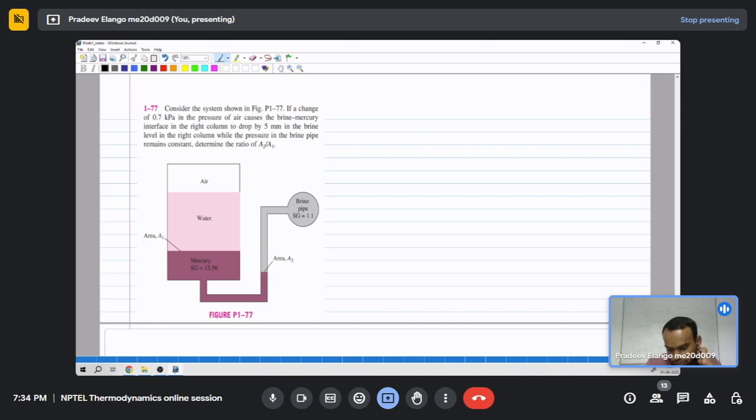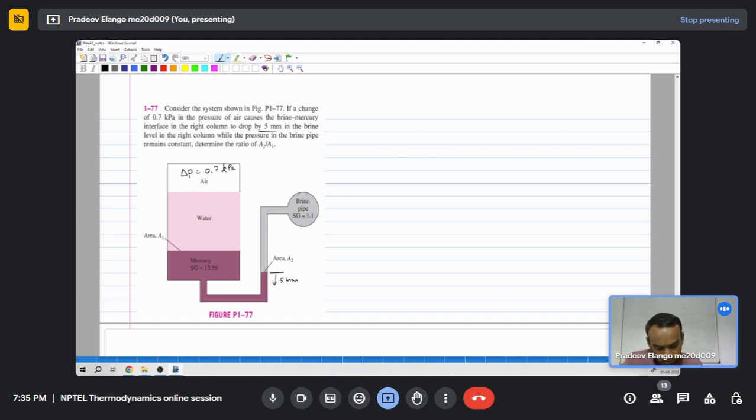So in this problem we have a system shown like this. The manometer two limbs have a different cross-sectional area. So one side it has a cross-sectional area of A1 and the other side it has A2. And if a change of 0.7 kilopascal in the air column, so delta P of 0.7 kilopascal happens, then the right side column goes down by 5 mm.